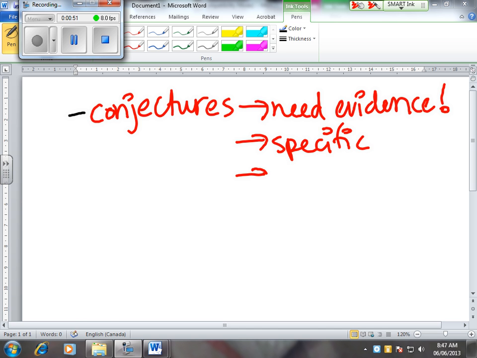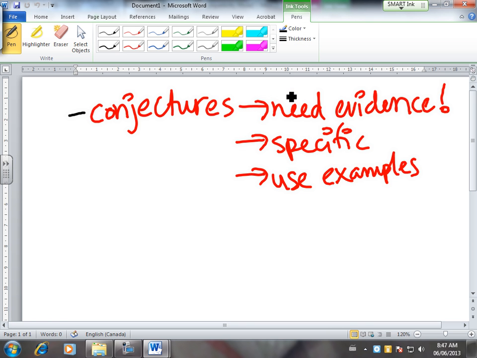And use examples if you think that your wording is unclear, or if you're unsure of how to say something, then just use examples. It will help make it a little bit clearer. And when you make your observations for inductive reasoning, you can use those observations to make your conjecture.